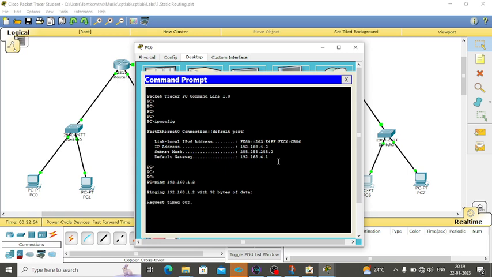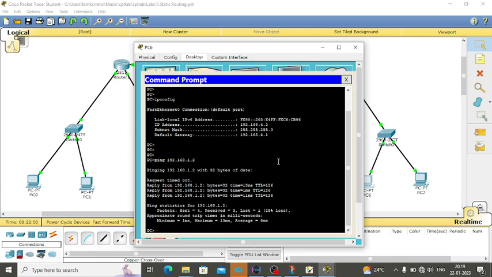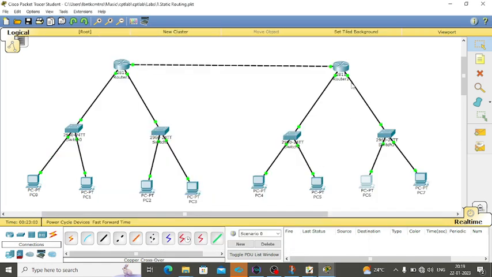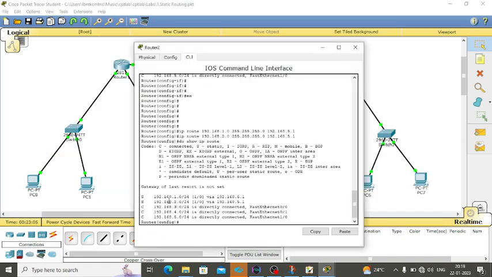Wait for some time. Yes, I get the reply from 1.2. How is this possible? Because we configured static routing.